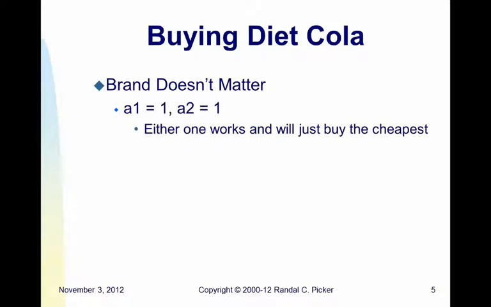And that means when going to a store and seeing Diet Coke and Diet Pepsi on the shelf, will buy simply the one that's the cheapest. Now note what we can say about substitution at this point. We can say that for consumer one, the Diet Coke lover, Coke and Pepsi are not substitutes. For consumer two, the Diet Pepsi lover, Coke and Pepsi are not substitutes. And for consumer three, the indifferent consumer, they're perfect substitutes.